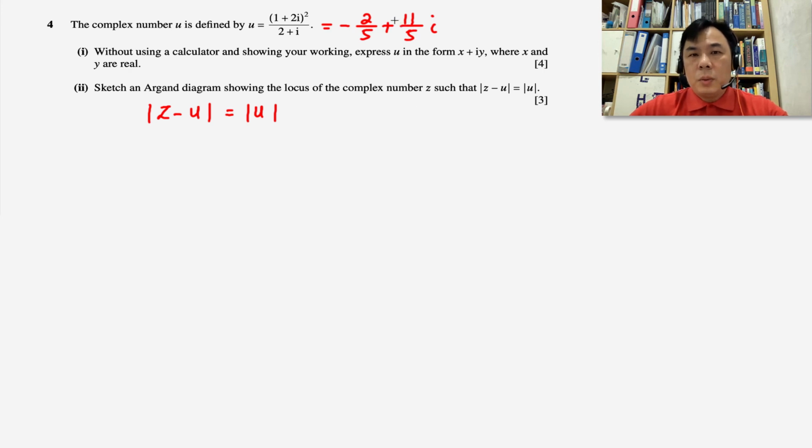Okay, so from here we can substitute this into here. That u is written as negative 2 over 5 plus 11 over 5i here, in brackets. Okay, and then the magnitude of u. Okay, this is the magnitude of u. I just rewrite this one more time.